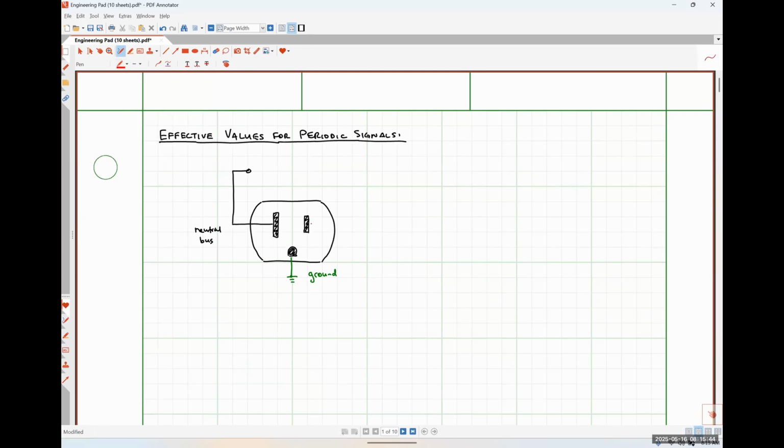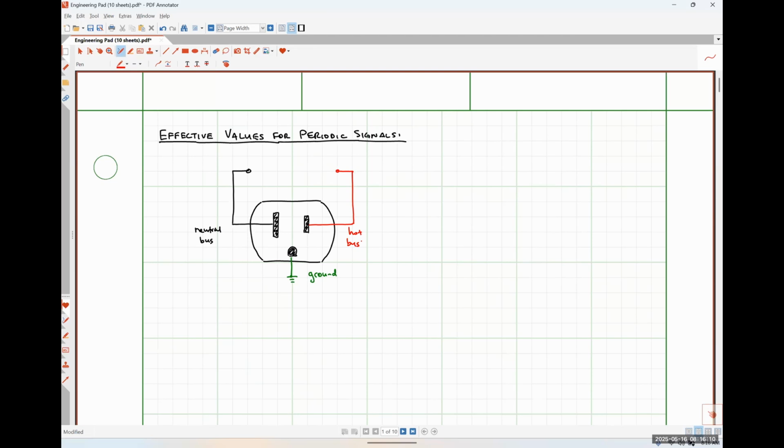And then this guy over here is how we connect to our hot bus of our circuit breaker panel. Okay. So essentially, whenever we plug something into a receptacle, it's receiving voltage from its connection to the hot bus and the neutral bus, okay?